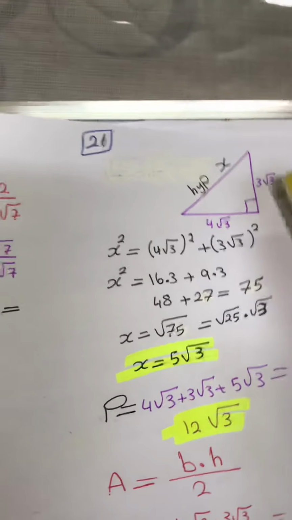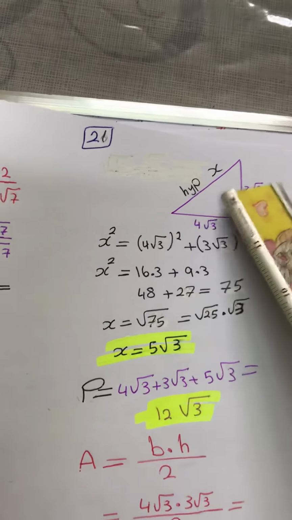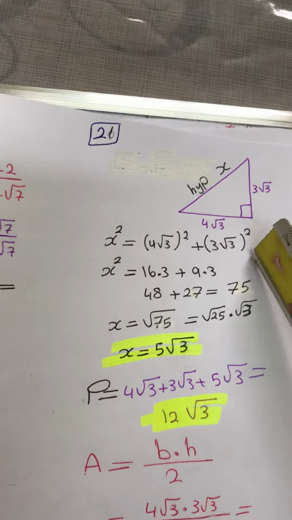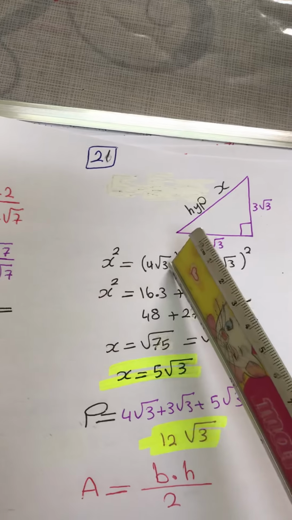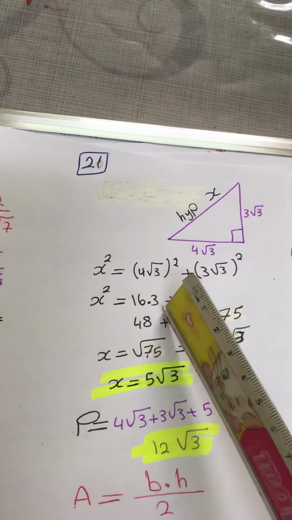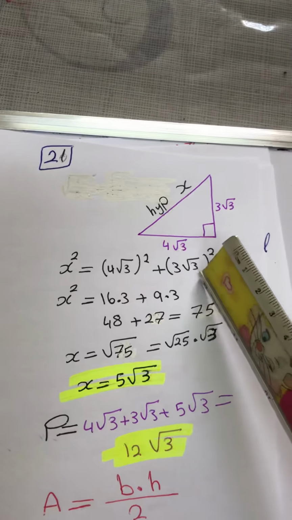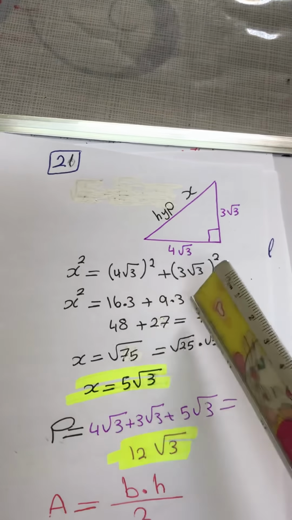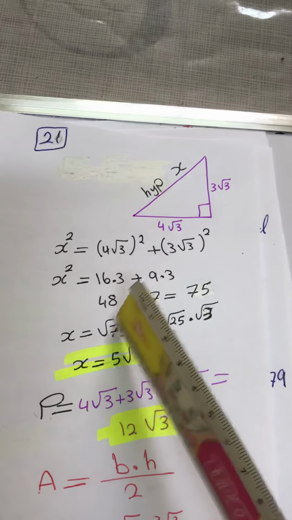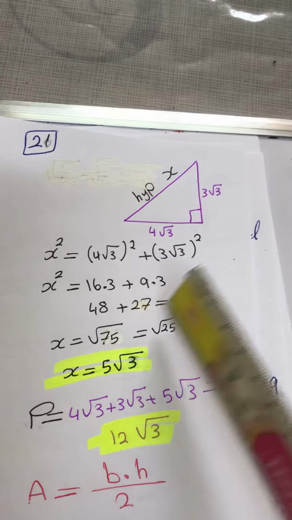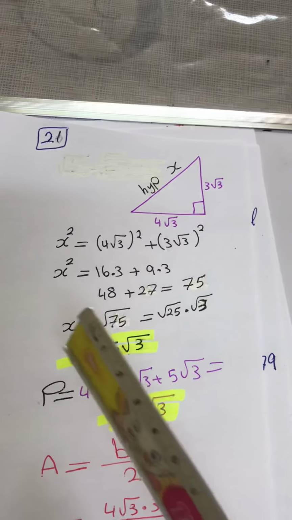As you know, according to the Pythagorean theorem, the hypotenuse squared equals the first side squared plus the second side squared. So, the square of 4 is 16, the square of the square root of 3 is 3, so 16 multiplied by 3. The square of 3 is 9, the square of the square root of 3 is 3, so 9 times 3. Now x squared equals 16 times 3, which is 48. 9 times 3 equals 27. The answer is 75.